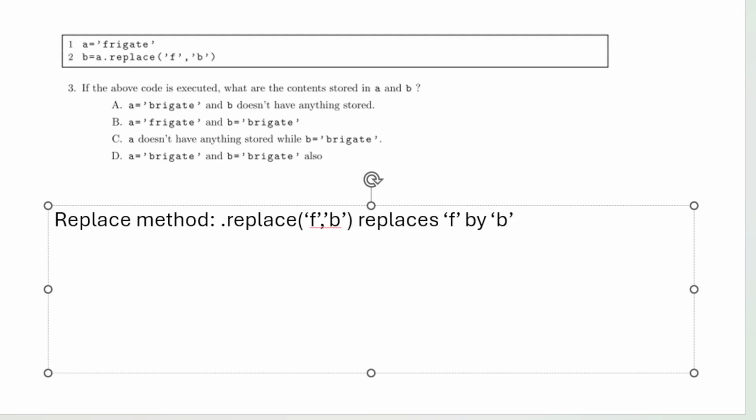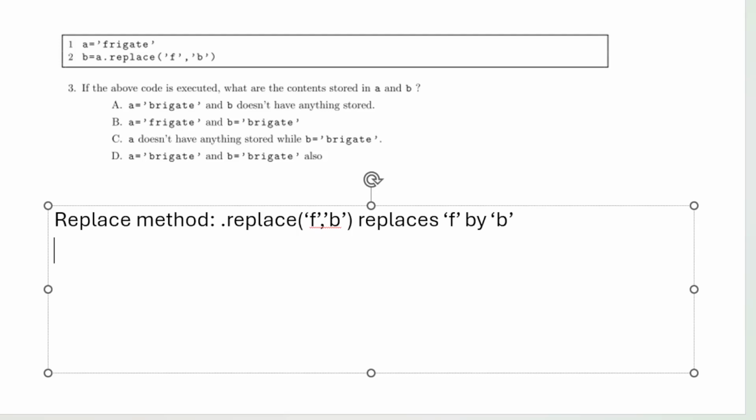Okay. However, the most confusing part of using methods in Python is that there are basically two different behaviors of a method. Some methods will do something and give it back to you, and some methods will just do something on the object that you changed. Okay.